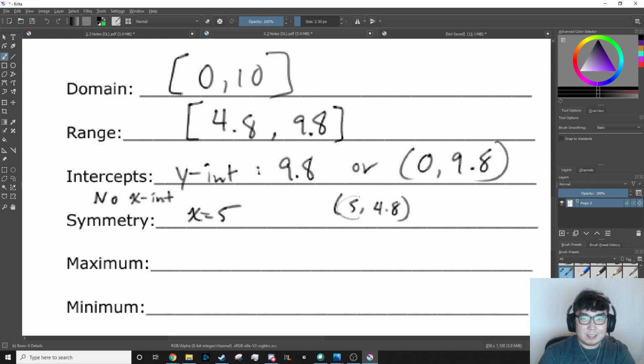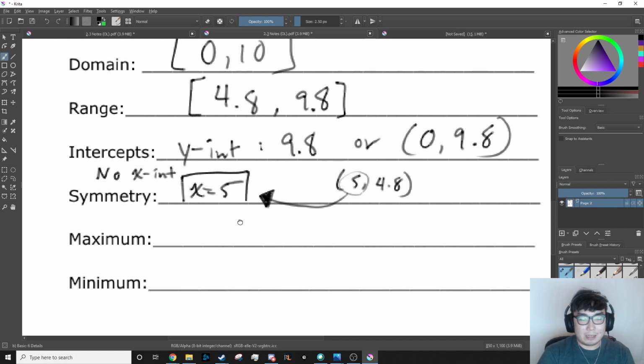So I just take this x value and write it as an equation of a line that goes up and down, which is x equals 5. So you do need to write this whole thing. You need every single part of this box for you to answer the line of symmetry correctly. If you write 5, it's all wrong. I don't know if you're talking about $5, you have 5 fingers, you have 5 toes. I don't know. You have to tell me all of this.